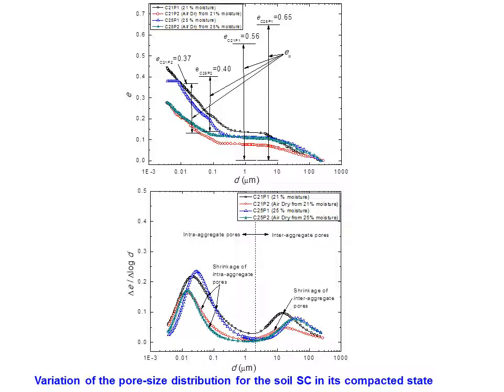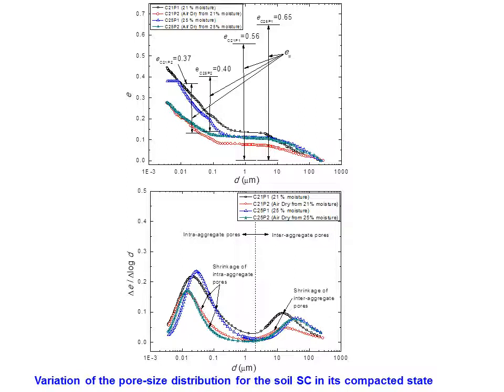Also, if we superimpose the water ratio on the cumulative pore size distribution and also represent the macroscopic void ratio, what we observe is that the initial compacted samples, compacted at 21% and 25% moisture content, are fully saturated, as w is almost the same as e, or the macroscopic void ratio, whereas for the air dry states of these compacted samples, some of the pores are unsaturated.